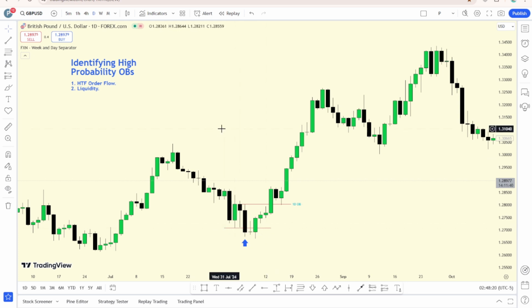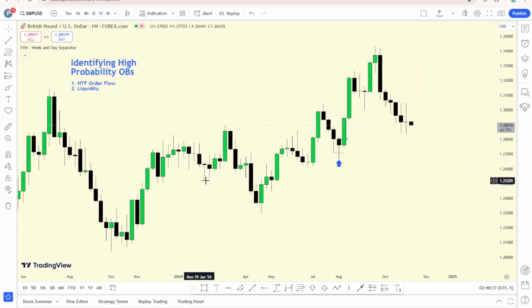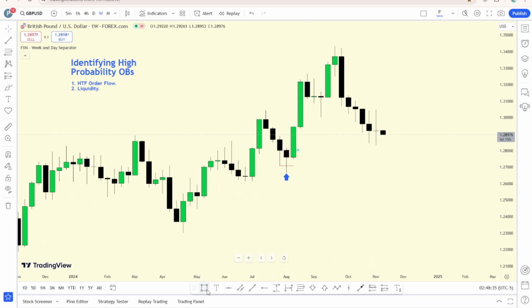Then we can go to the weekly chart, because we're on the daily chart now, to look at anything that supported that idea in terms of making higher time frame order flow bullish. If we go to the weekly chart, you can see we had a weekly fair value gap right there. This key level will have supported that idea of bullishness, and the market was also already bullish on the weekly chart.